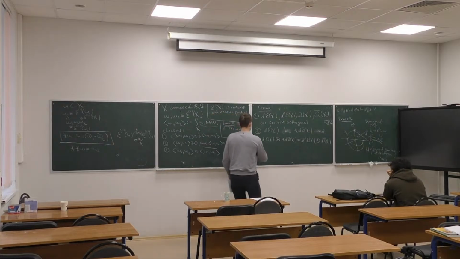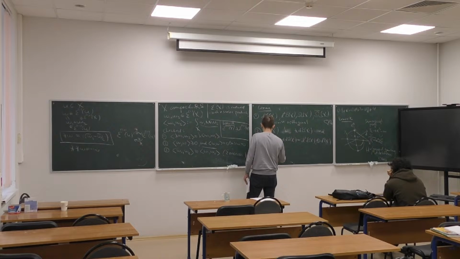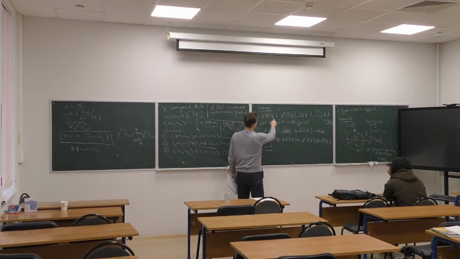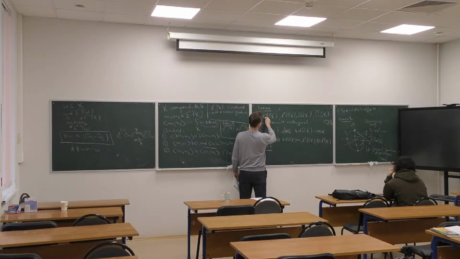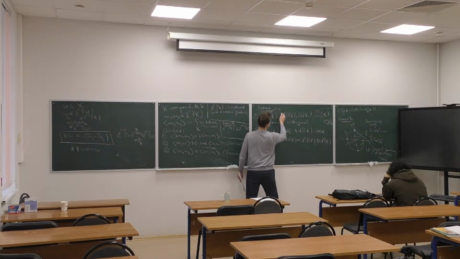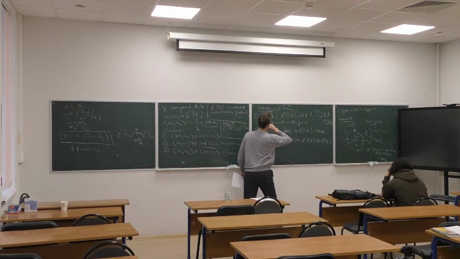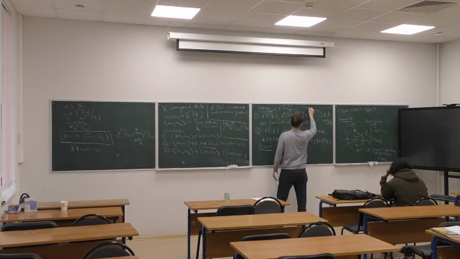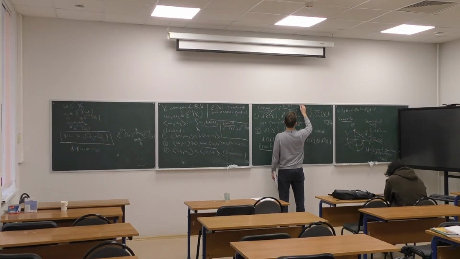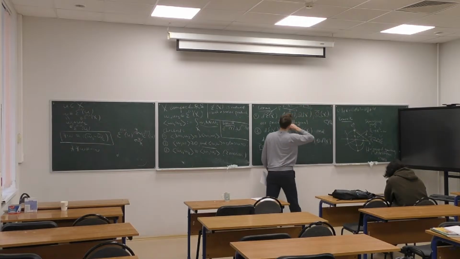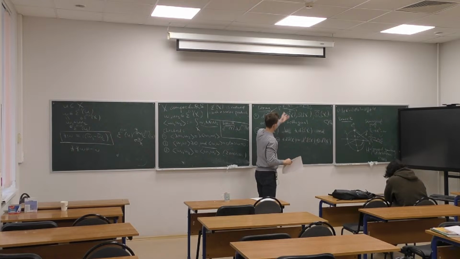So if we want to prove the lemma, you see these guys are in 1, 0 x, and these guys are in epsilon 0, 1 x. And so we know that they are pairwise orthogonal.